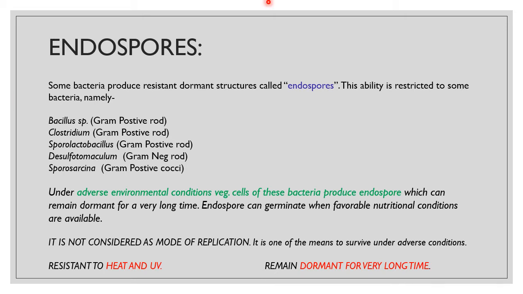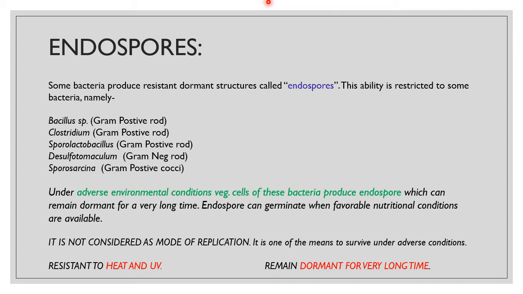It is just one of the means to survive. One vegetative cell produces one endospore, and the endospore germinates to give only one vegetative cell. You will not get two cells. That's why it is not considered a mode of multiplication or replication. It is just a means to survive under adverse conditions.